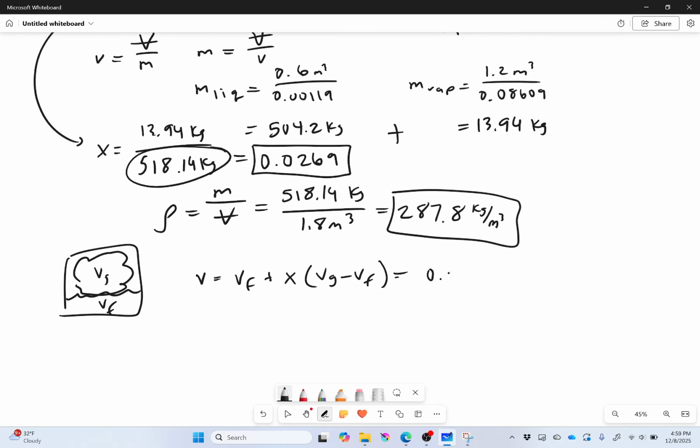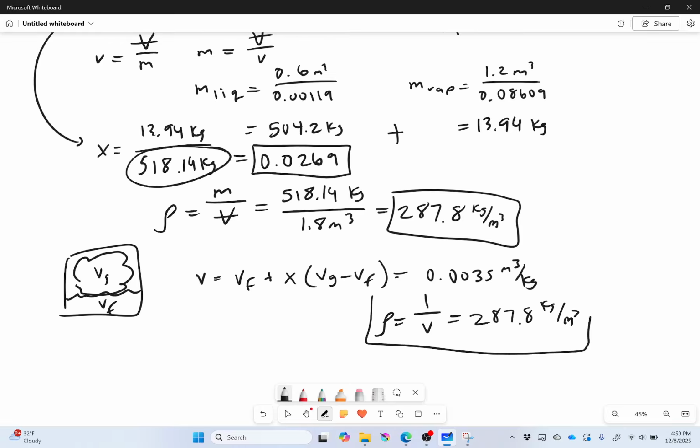It'll be equal to 0.0035 meters cubed per kilogram. And then if I invert that, because density is equal to 1 over specific volume, I'll get something very, very close to what I had before. The only difference will probably be some calculator errors, a little bit of rounding. There we go. And so that is this problem.